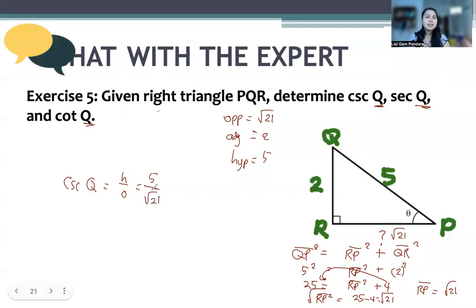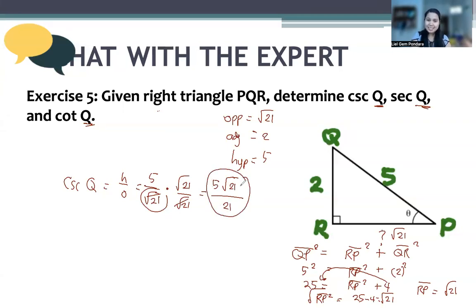But remember, in our previous topic on radicals, we could not have a radical in the denominator, so we need to rationalize that. You multiply by square root of 21 over square root of 21. So the answer will be 5 square root of 21 over 21. That's the answer for cosecant Q.